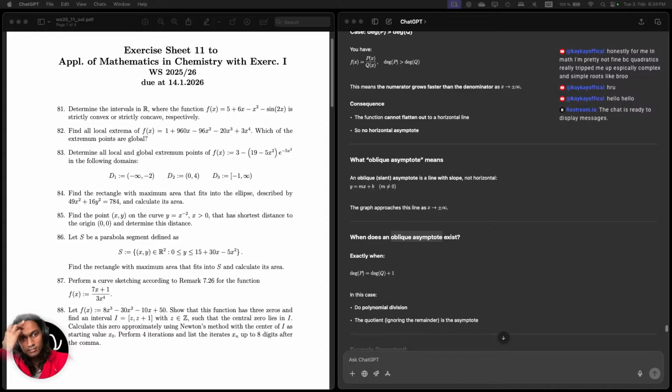I get the quadratics part, but what do you have to do? I know what quadratics are. It's like functions with exponents, right? Or functions with variables with exponent 2, 3.